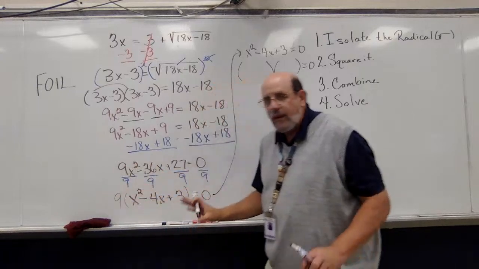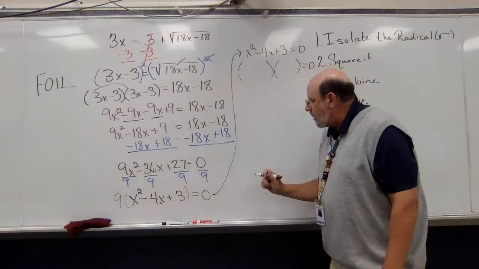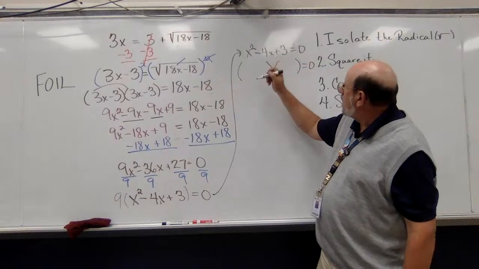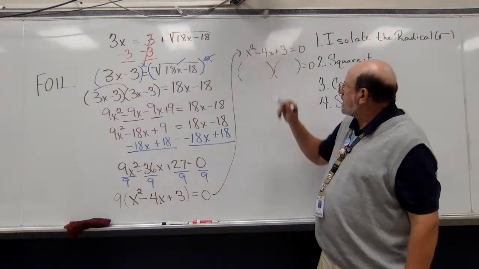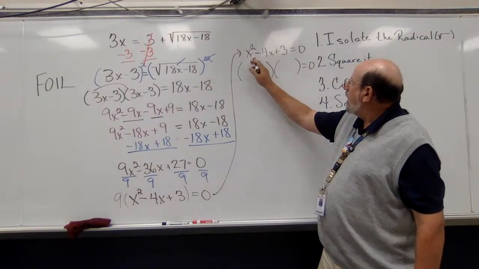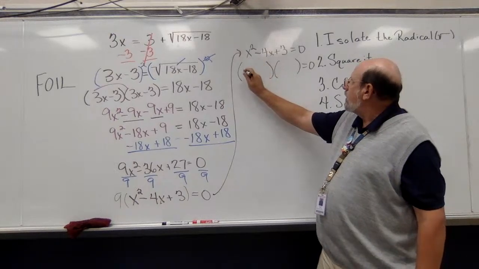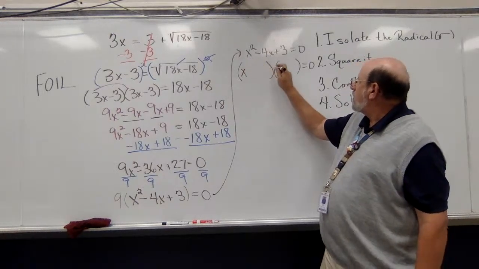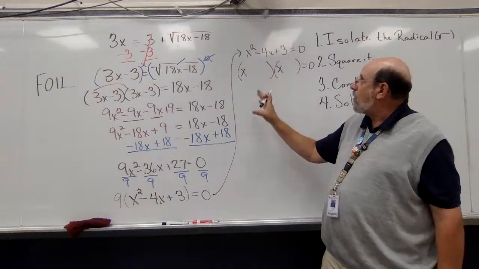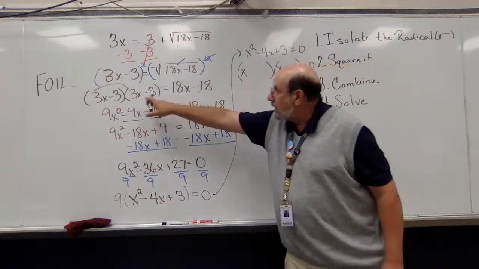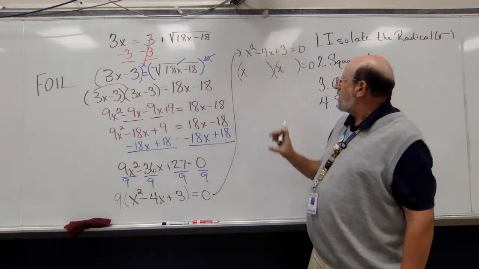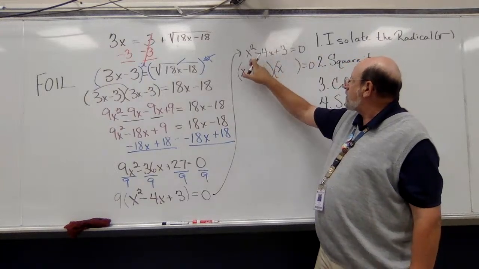But I factored out that 9, so I pulled it out. So we'll get there later. X squared, well, that's just x times x. All we're doing is trying to figure out what we multiplied like this to get there, right? X times x is x squared.